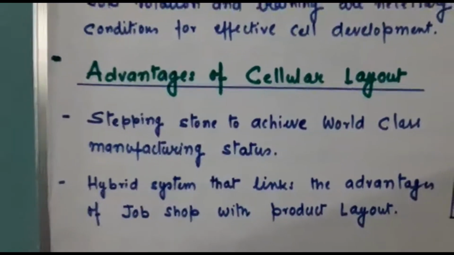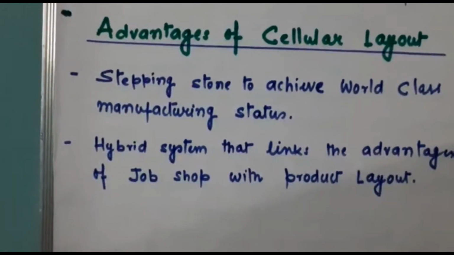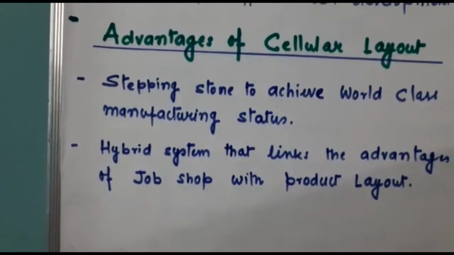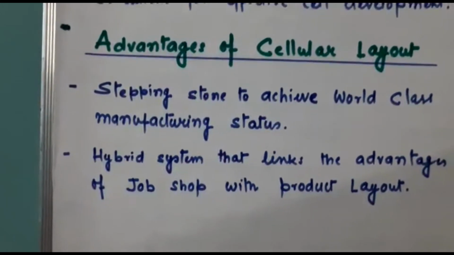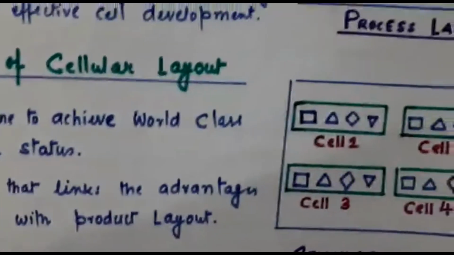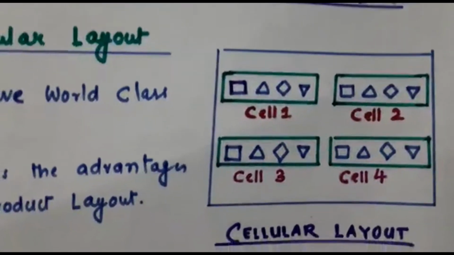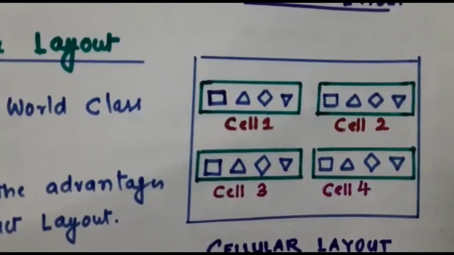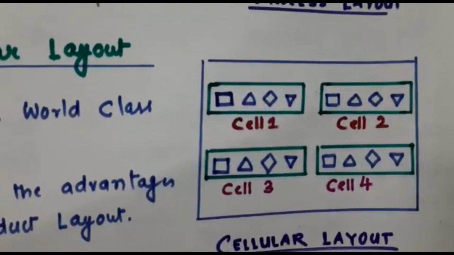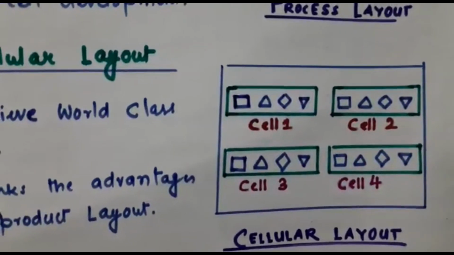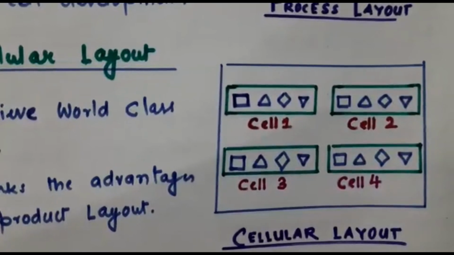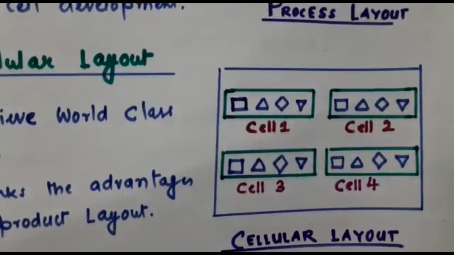Advantage of cellular layout is that the world-class manufacturing status is based on cellular layout, which allows the cells to produce in small batches, and also taking the advantage of the product layout of the continuous flow line. The cell design provides for quick and efficient flow and high productivity associated with assembly lines.